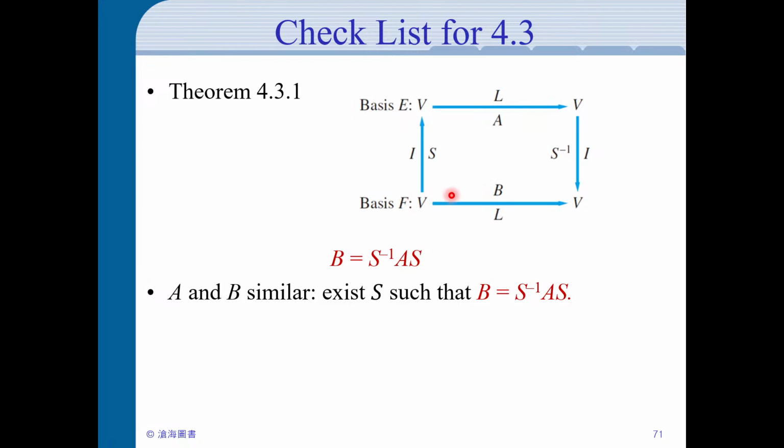We have two matrices A and B, with A the matrix in terms of basis E and B in terms of basis F, and S the transition from F to E. Then B is obtained by transitioning to E, applying A, then transitioning back. So B equals S minus 1 A S, where the calculation goes from right to left. If A and B can be written in this way, then we say A and B are similar.